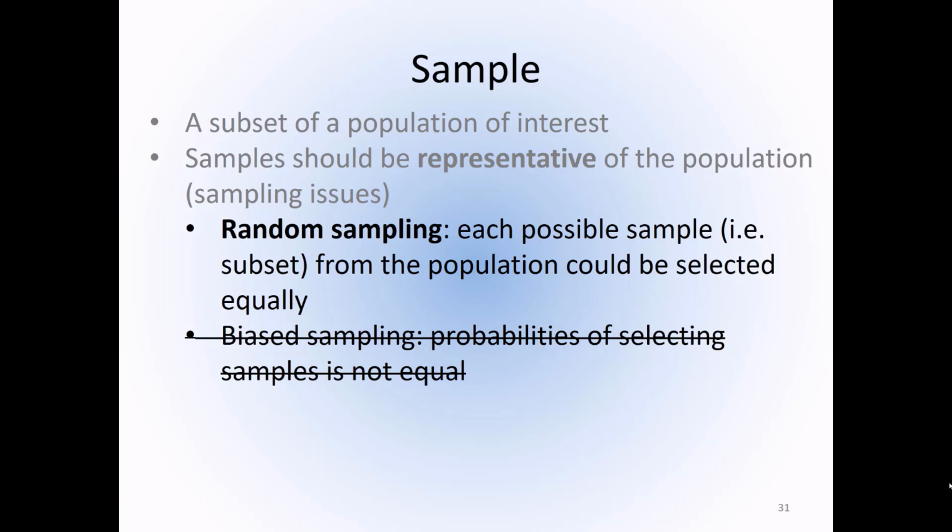What we're aiming for in science and in statistics is random sampling. And this is going to be an assumption of the statistical tests that we're going to talk about throughout the semester, such that each of the possible samples, meaning each of the possible subsets of the population, is equally likely to be selected based on our monitoring or data collection.